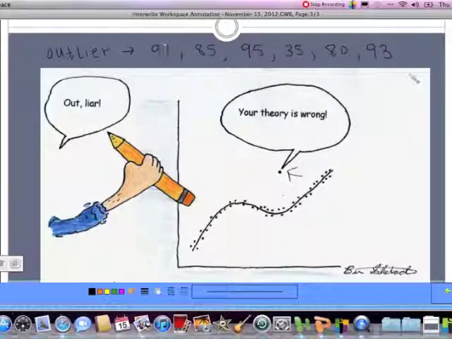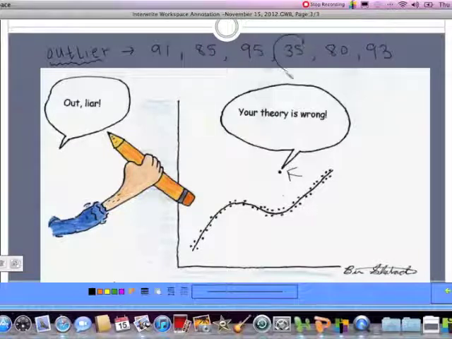Now, I can do a lot of things with this data set, but one thing that I want to point out is the outlier. The outlier is the number that is either much greater than or much less than the rest of the numbers in the data set. So can you pick it out? Which number do you think is much greater than or much less than the rest of the numbers?